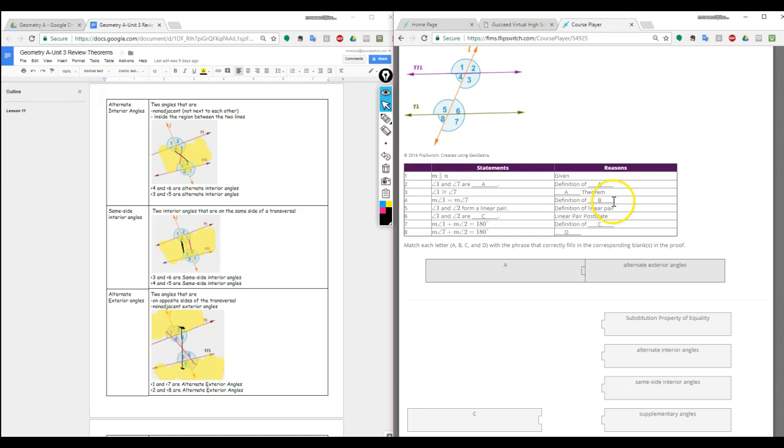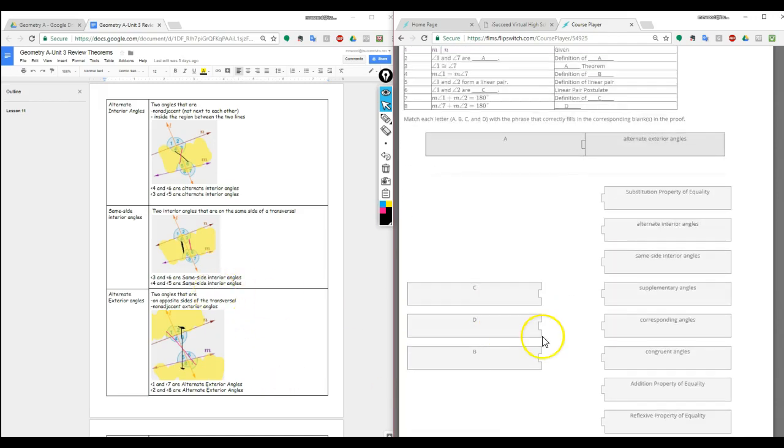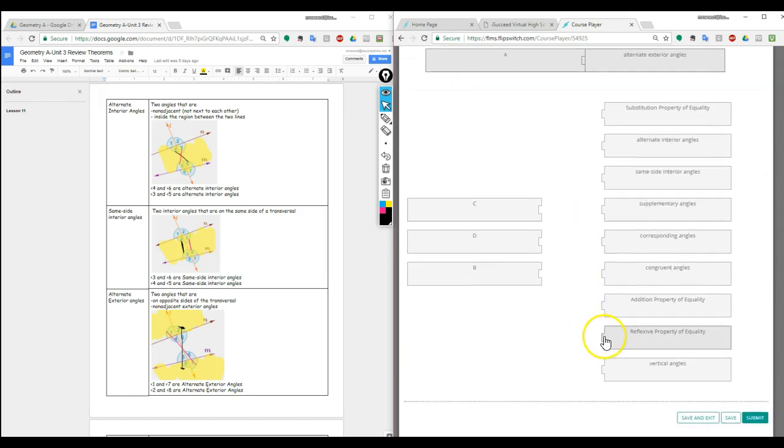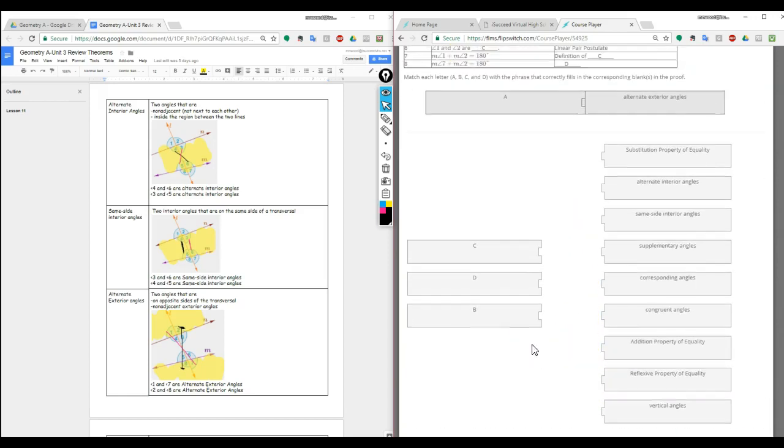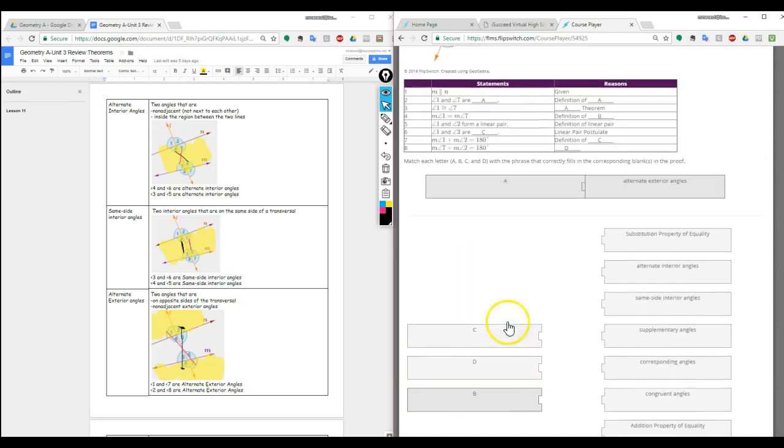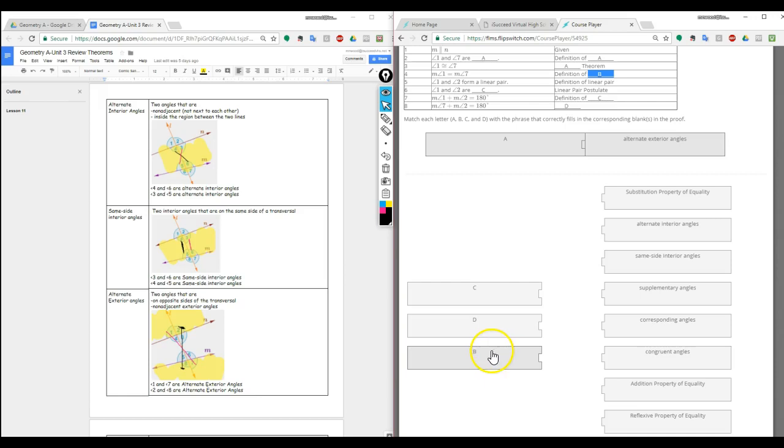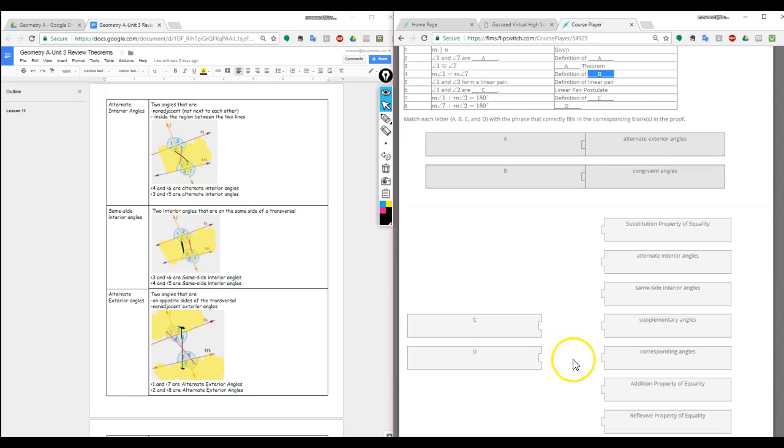Definition of blank. Okay, we know that they're congruent, so by knowing that they are congruent, we know that they have the same measure. So it's the definition of congruent angles.